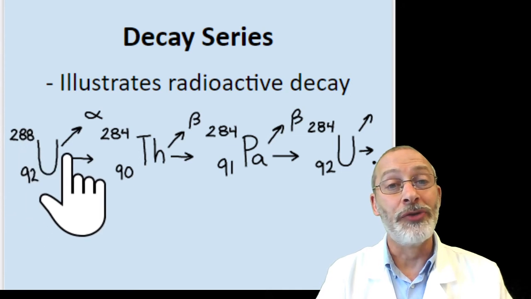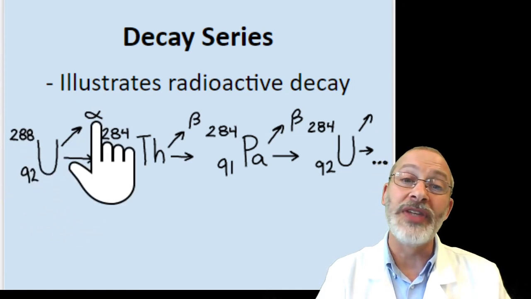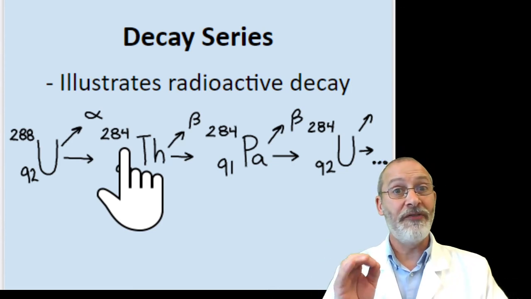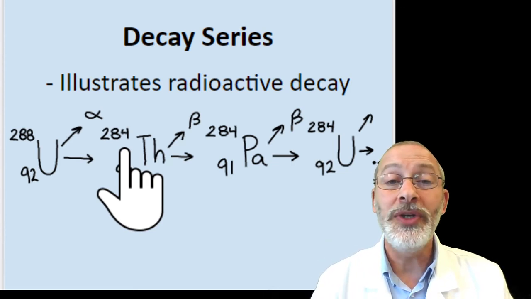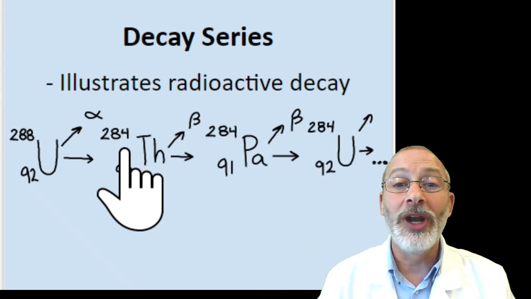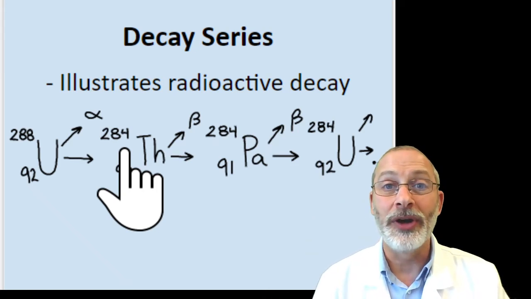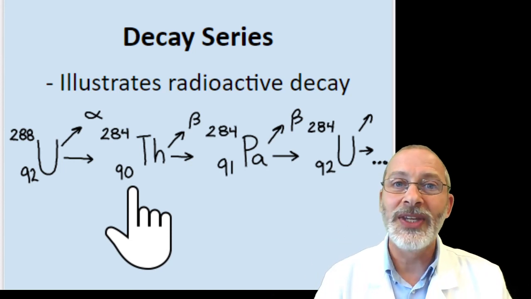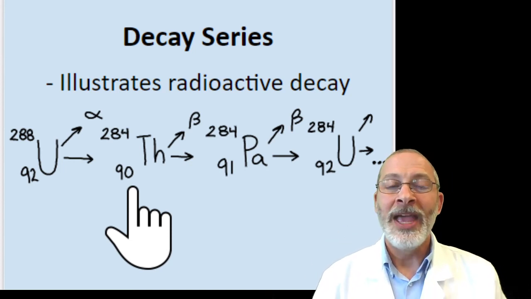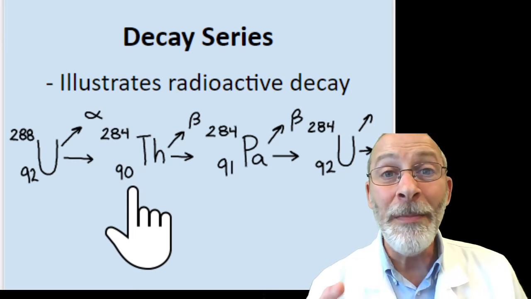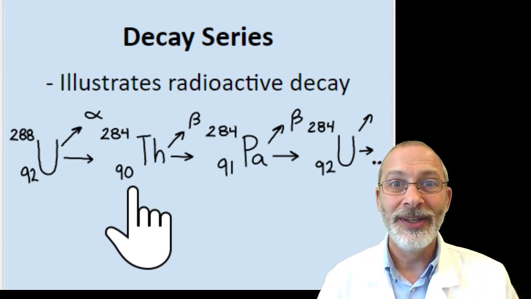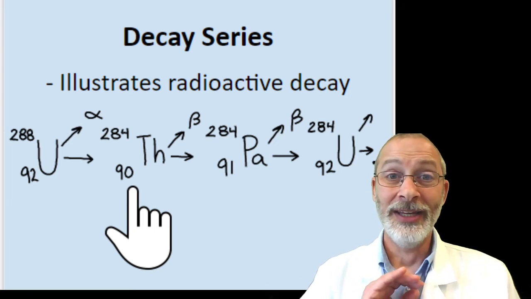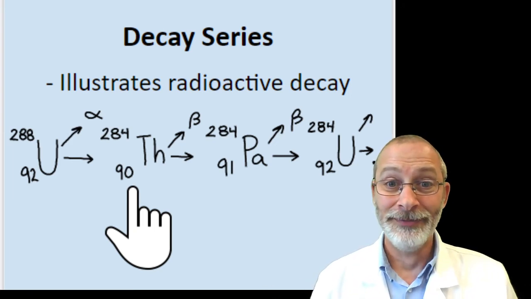So when you've got uranium-288, it undergoes alpha decay. Because of alpha decay, the new atomic mass is 4 less at 284. The atomic number is 2 less at 90. And because the atomic number changes, we have formed a totally different element.